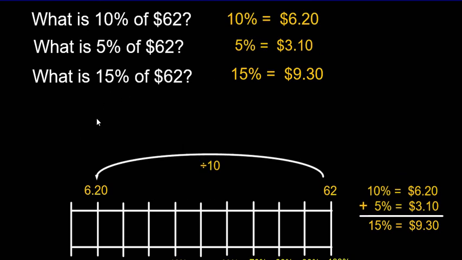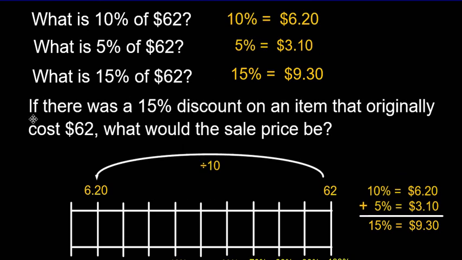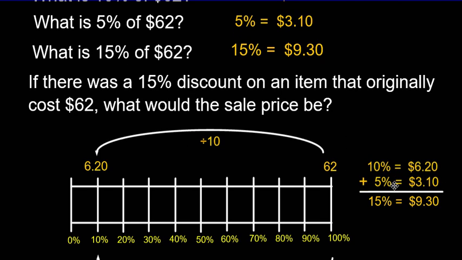So let's put this all together and say we have a question that says, if there was a 15% discount on an item that originally cost $62, what would the sale price be? So this might be the original question, and these are the steps you're going to use to come up with the answer. It's a 15% discount, so what does that tell us? Yeah, we're going to subtract that amount from the total cost.